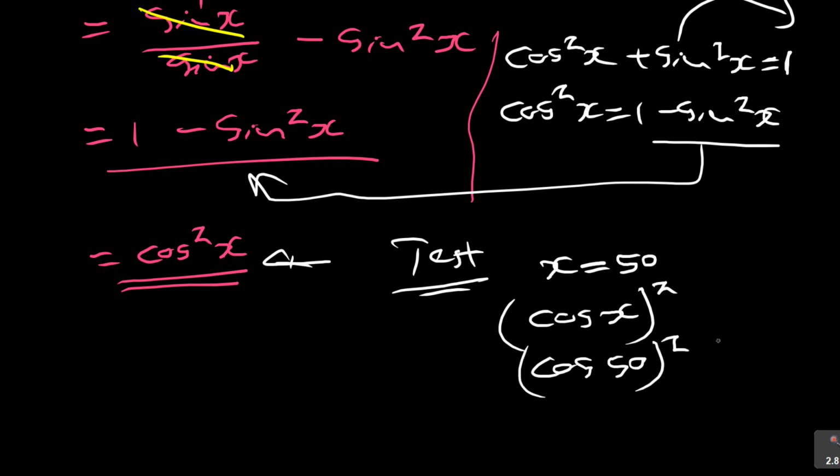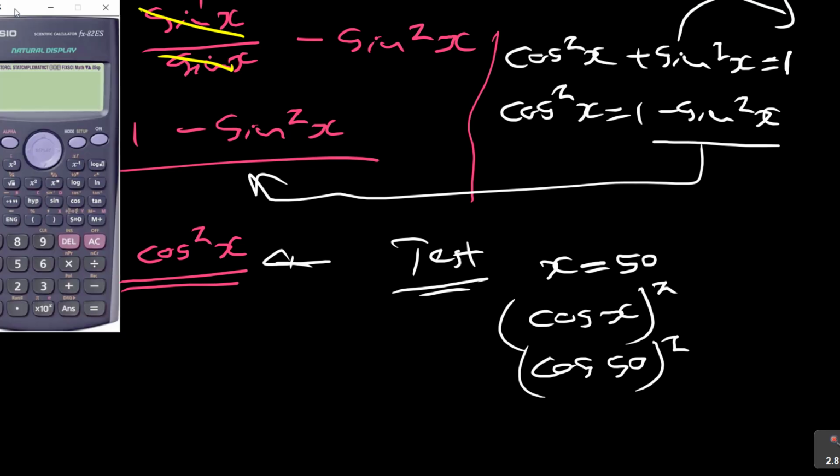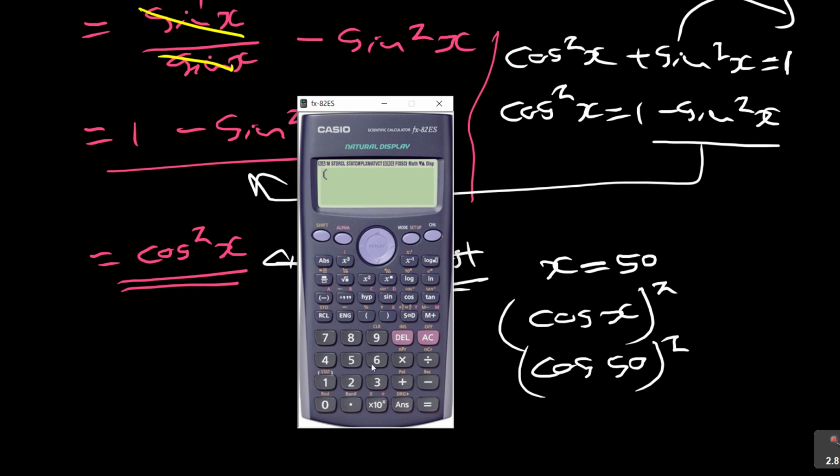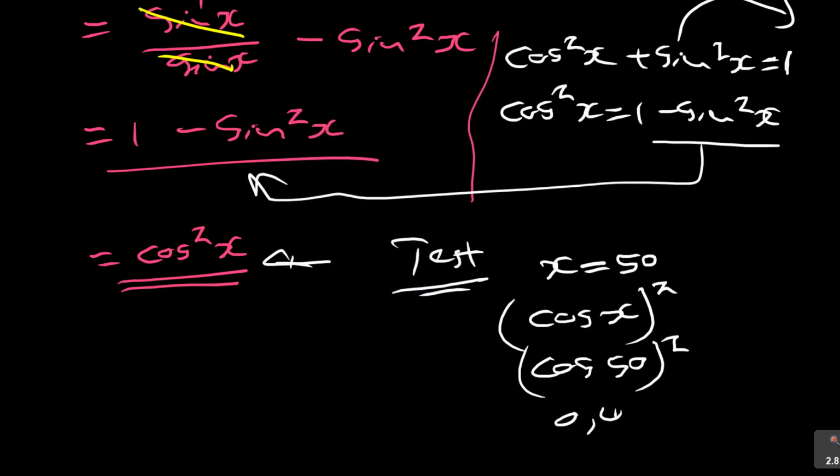Now let's check if the answer is going to match, so that it can be a sign that we simplified correctly. Now let's do that. Bracket cos 50, close it and square it, equal to 0.41312, something like that.